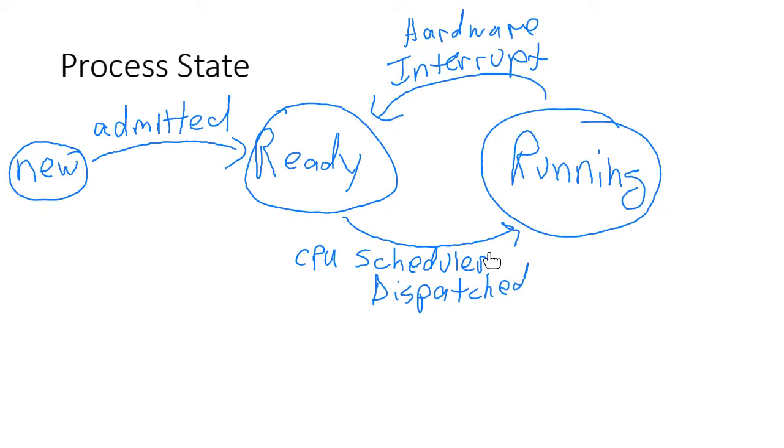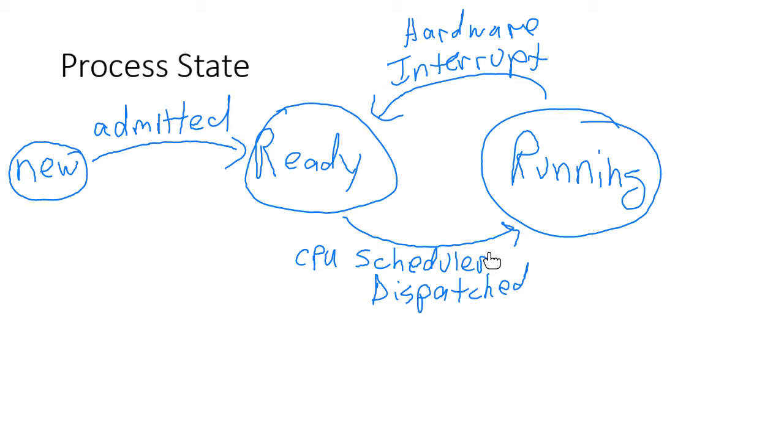Once the interrupt is handled and the CPU is free, typically another process will not get the CPU, even if there are others in the ready state. The one that was interrupted by the hardware interrupt will be the one that resumes. That doesn't necessarily have to be the case. It depends on the CPU scheduler.